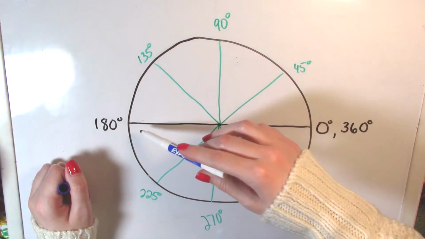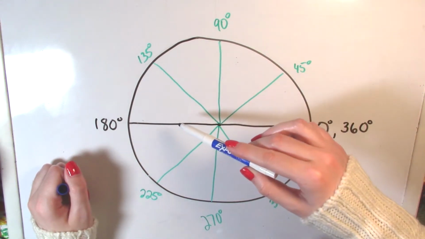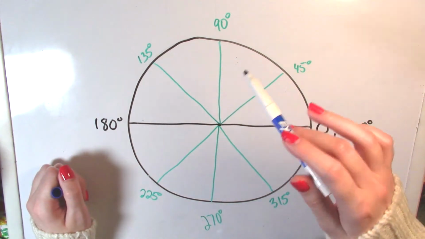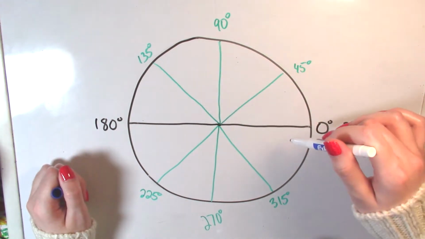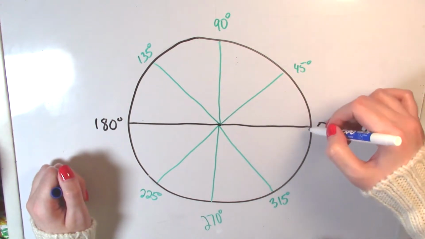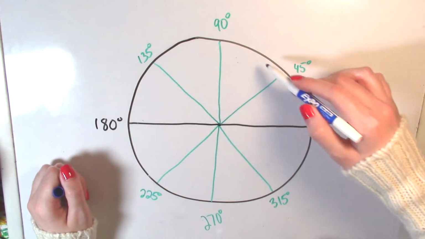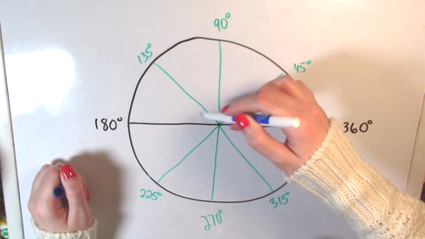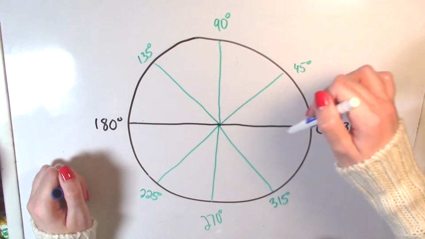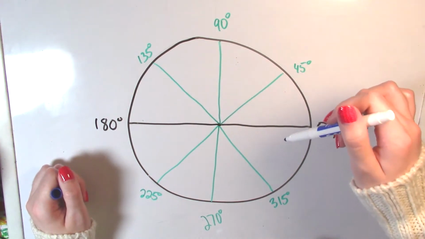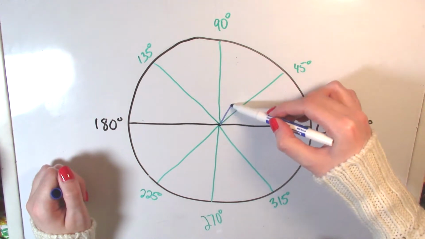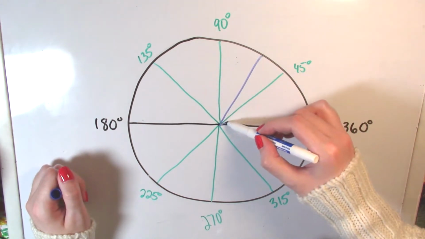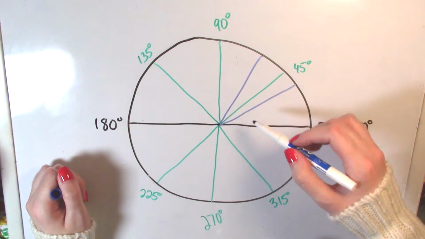So can you divide this top half into 6 pieces, 6 even pieces? Okay, if that's too complicated, can you divide a quarter into 3 pieces? Because this whole top half has to be divided into 6 chunks, which means that half of the top half has to be divided into 3 chunks, something like that, okay?